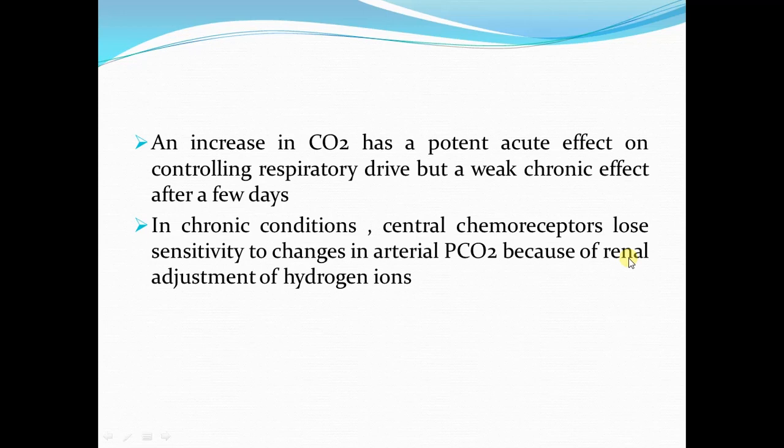Kidneys will compensate by increasing the excretion of hydrogen ions and increasing the reabsorption of bicarbonate ions, which will bring the pH back to normal, and the central chemoreceptors will lose their sensitivity to increased partial pressure of carbon dioxide in the arterial blood. So, an acute effect of carbon dioxide in controlling the respiratory activity, and it has a weak chronic effect.